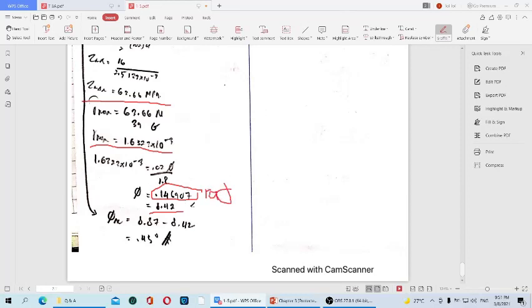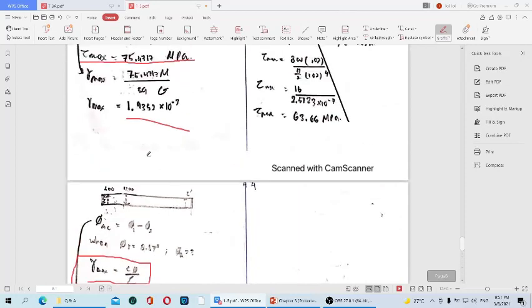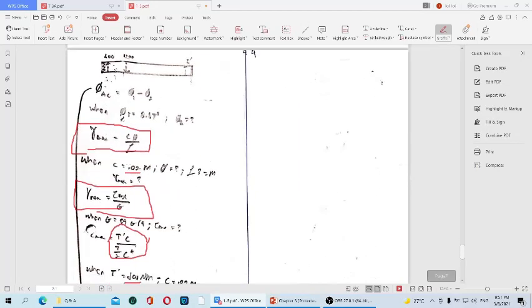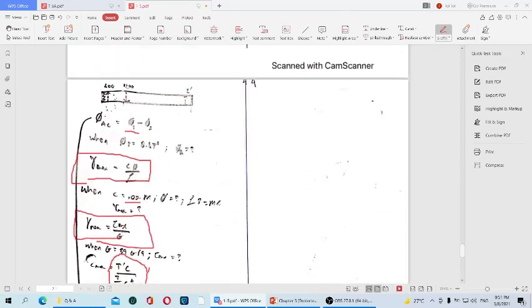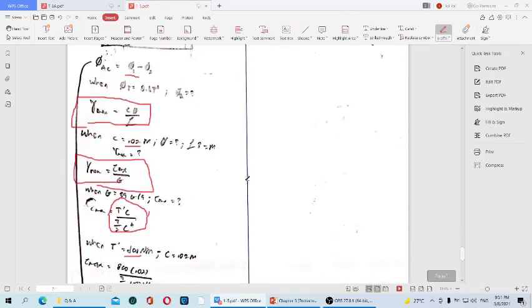Then we convert it into degrees. Thus we will get 8.42 degree. You subtract the first phi, which is this one. Then you will get 0.45 degree. So that is the answer right there.